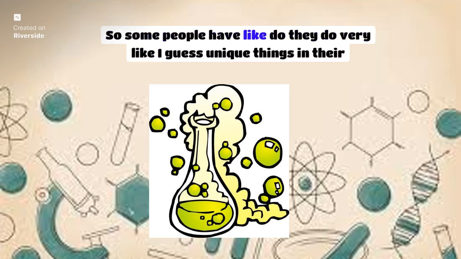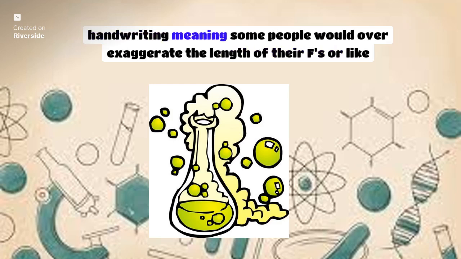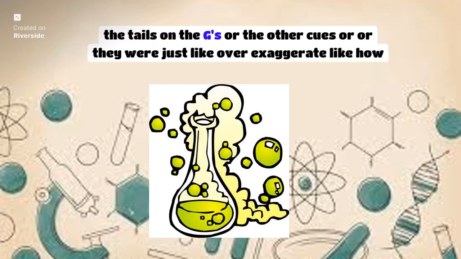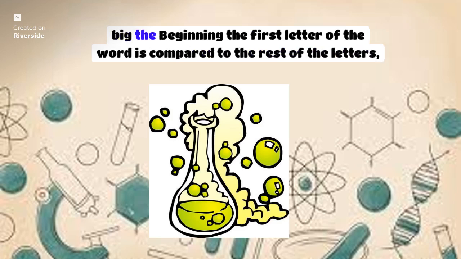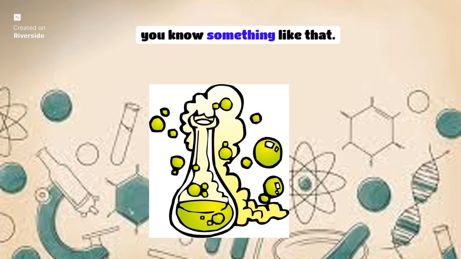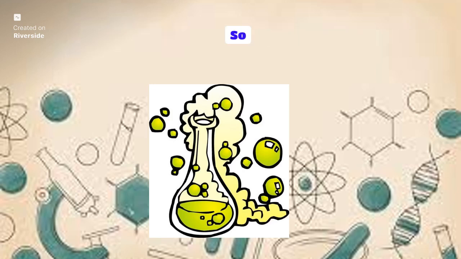Some people do unique things in their handwriting, meaning some people would over exaggerate the length of their F's, or the tails on the G's or their Q's, or they would over exaggerate how big the first letter of the word is compared to the rest of the letters, something like that.